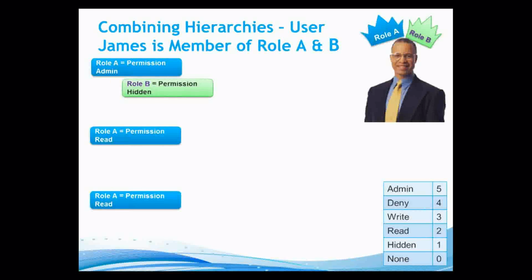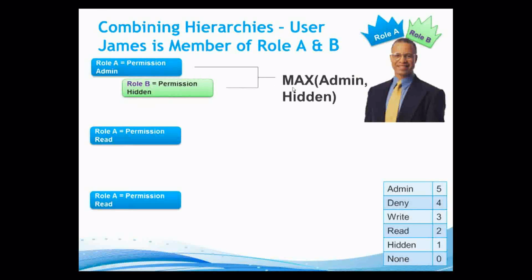So for example, he can see the sales and marketing. So a salesperson has a role and marketing has a role. Then he's actually part of both roles. So for the subfolder, he has permission hidden, and for the parent folder, he has permission admin.